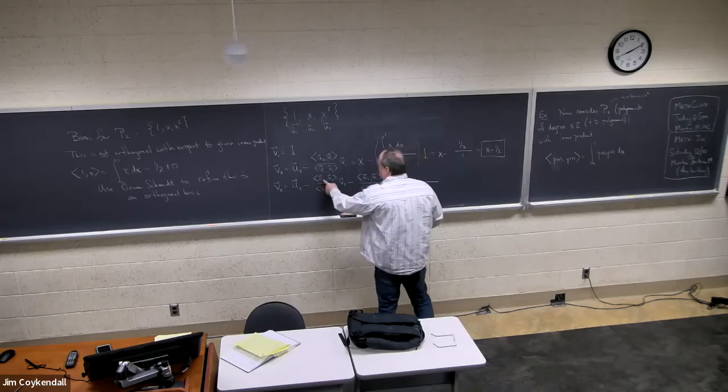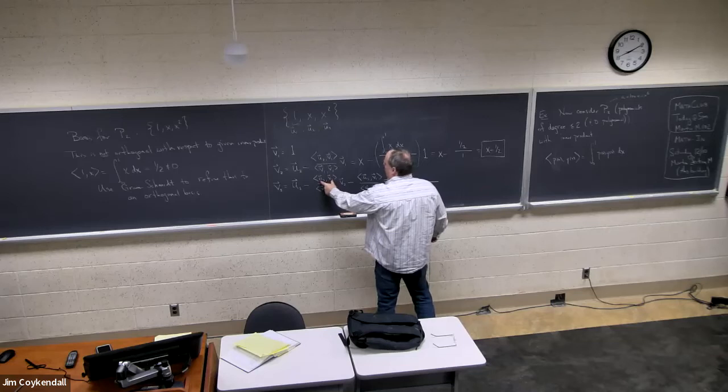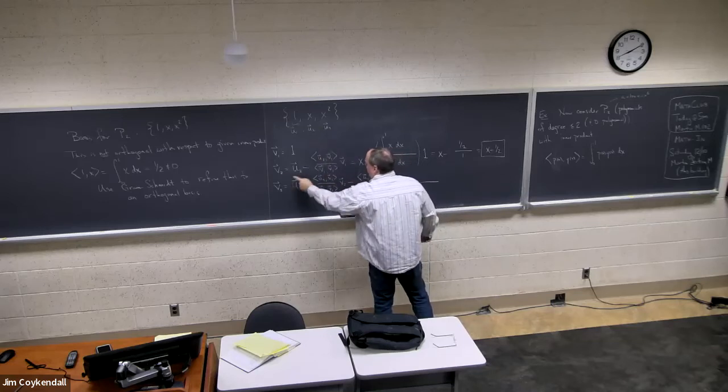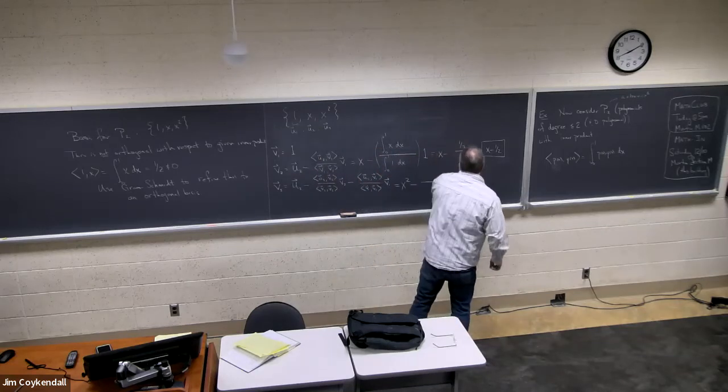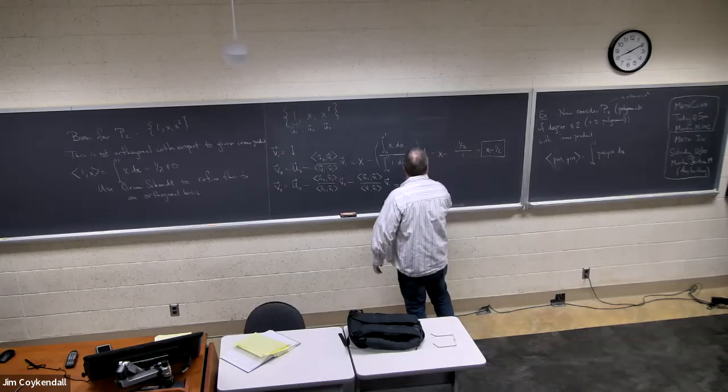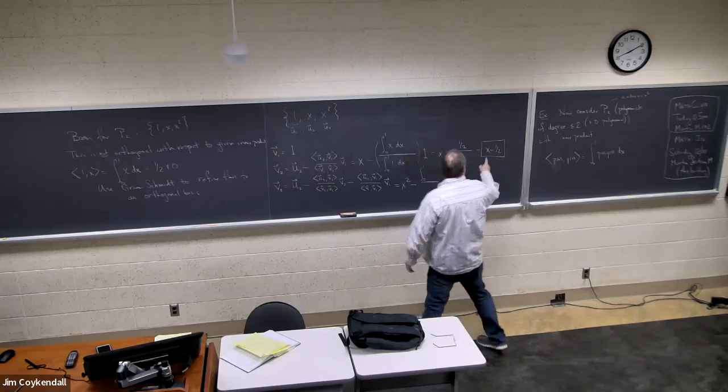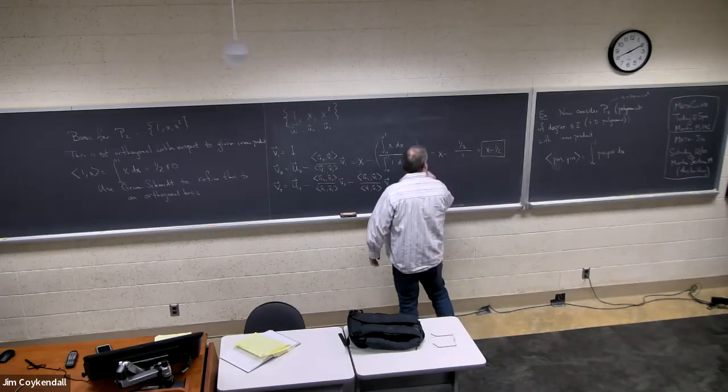This right here, so you've got to have the inner product of U3, which is x squared, and B2, which is this mess. So it should be x squared times this. So that should be like x cubed minus 1/2 x squared.